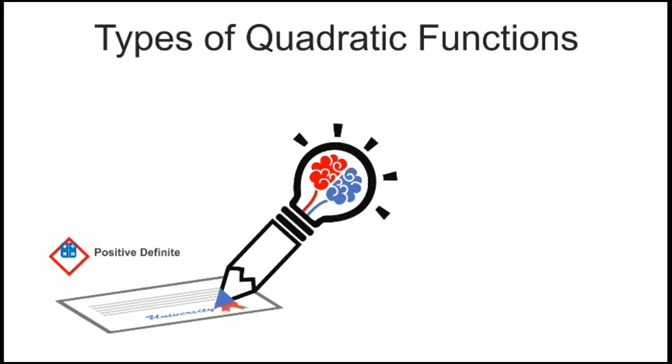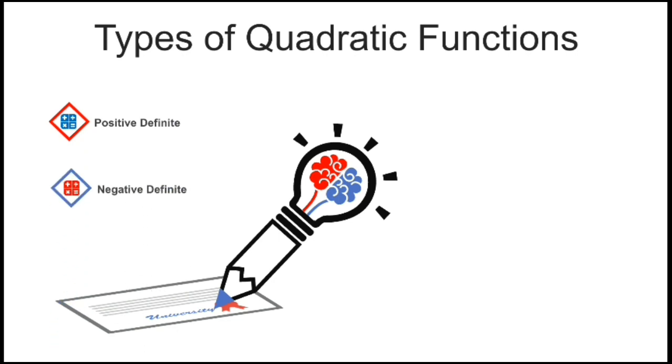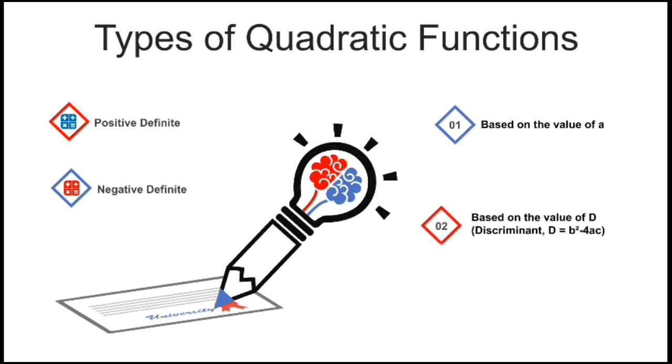The first is positive definite, and the second is negative definite. And definite is also divided into two groups, the first based on the value of a, and the second based on the value of D. D is the discriminant, and the formula is D equals b squared minus 4 times a times c.